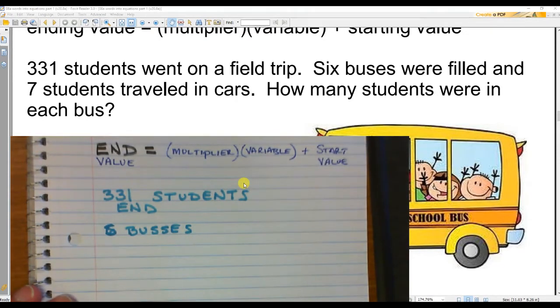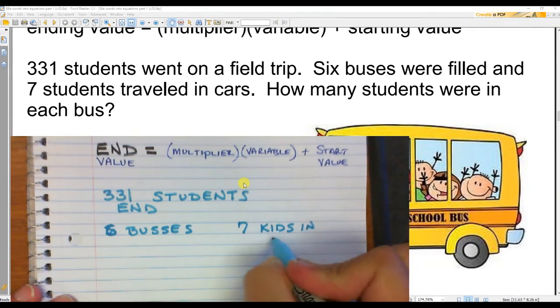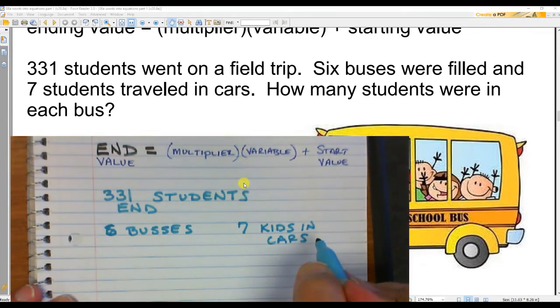Seven students in cars. How many students were in each bus?